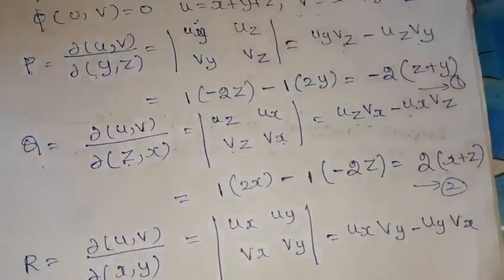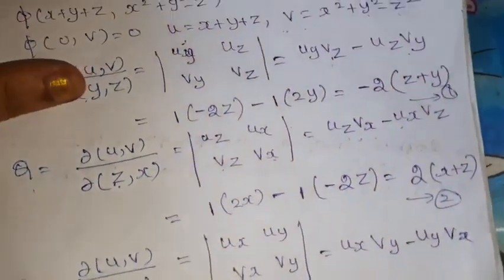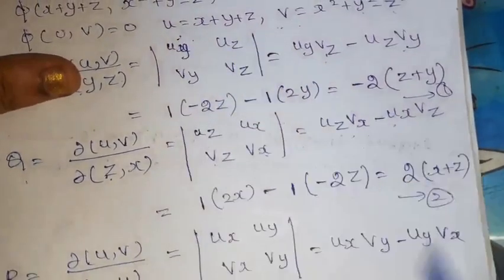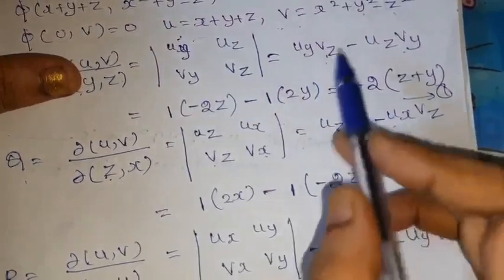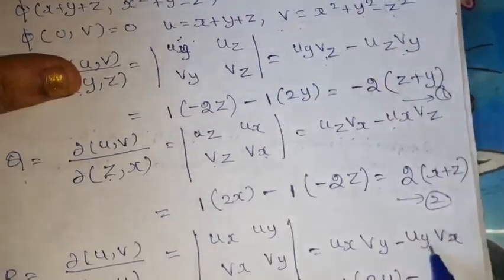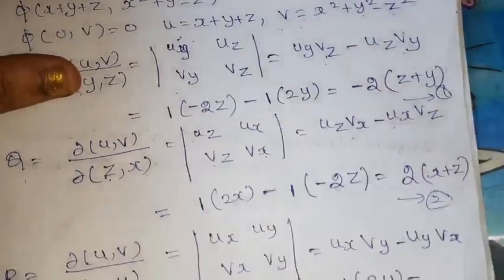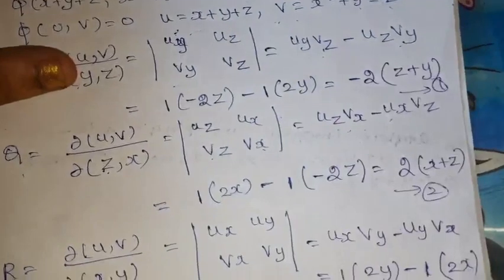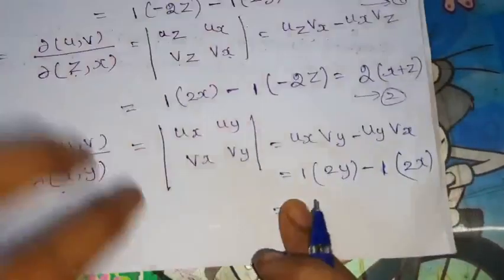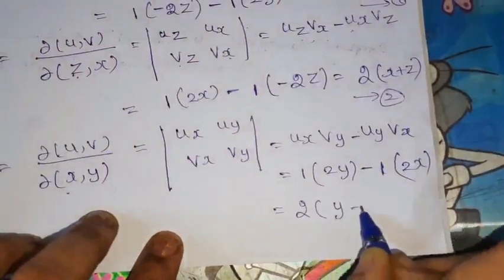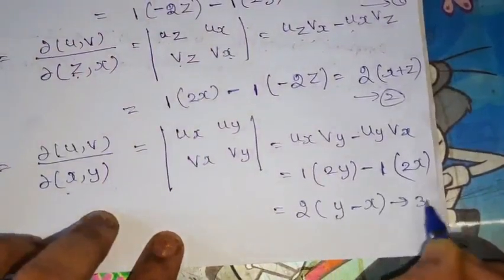We need to differentiate these terms. Ux is nothing but 1 in this equation, 1 into vy, which is 2y, minus uy, which equals 1, into vx, which is 2x. Then by taking 2 outside, 2 into y minus x. Say it is equation 3.